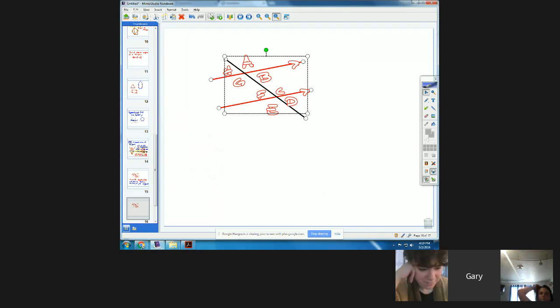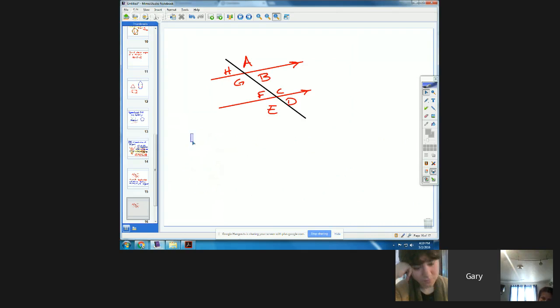Okay, here are my angles again. Let's take angle A and compare it to angle E. They appear to be congruent, right? Here's how I would describe them. They are on opposite sides of the black line, and that black line is referred to as a transversal or a transect.